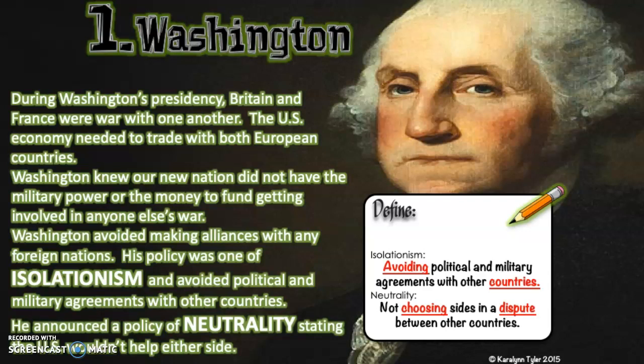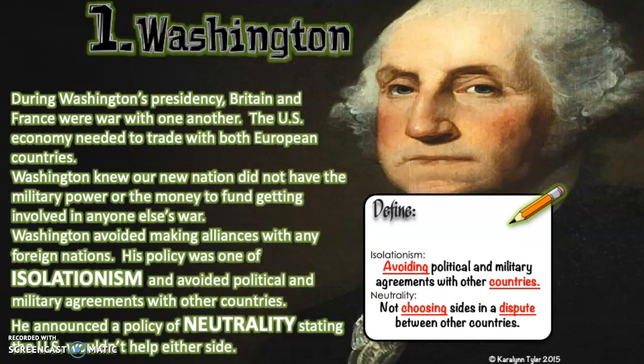Washington knew that as a brand new country, we didn't have the military power quite yet. We also didn't have very much money. And so instead of getting involved in their war, he decided to stay out. And he practiced what is called isolationism and neutrality. And you can see those definitions in the lower right-hand corner of the screen.